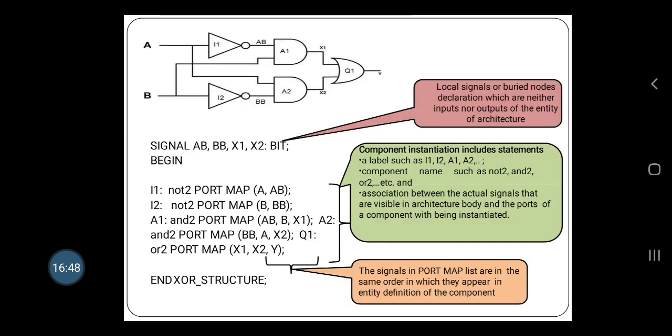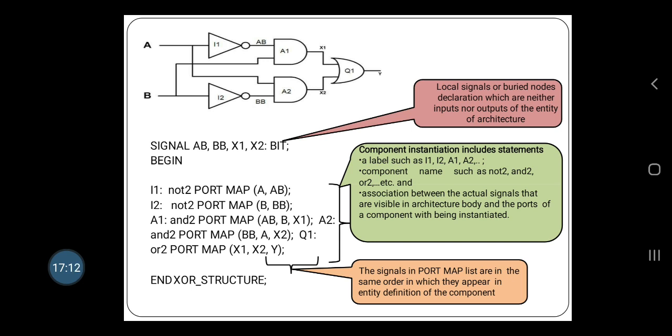Then comes the signal declaration. The local signals are the buried nodes declaration, which are neither input nor output of the entity or architecture. The signals AB, BB, X1, X2 are bits. Then it starts with the begin after the declaration, and then comes the component instantiation.